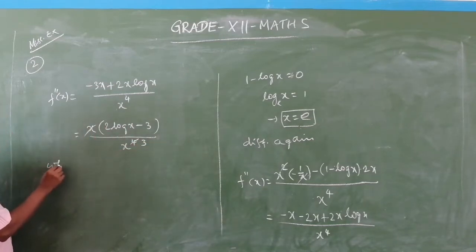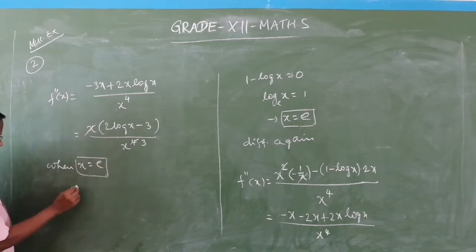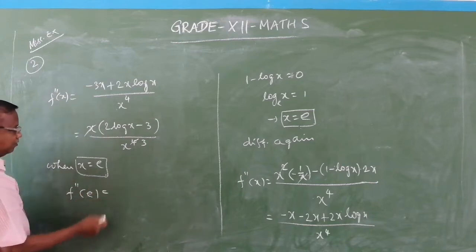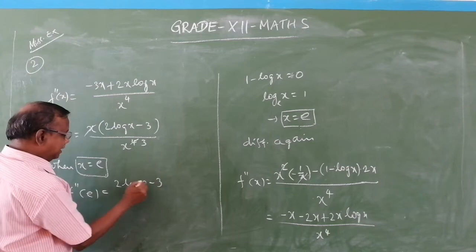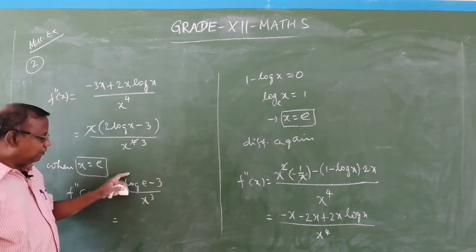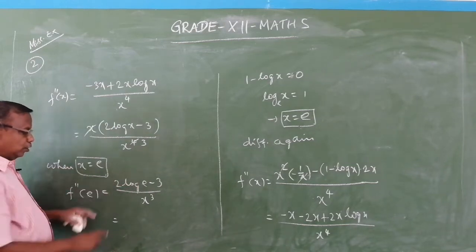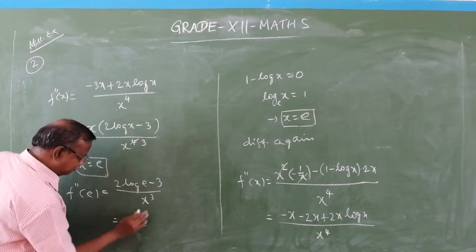Now when x equal to e, we have f double dash of e equal to 2 log e minus 3 divided by e cube. The value of log e is 1, so 1 into 2 minus 3, that is minus 1, divided by e cube.